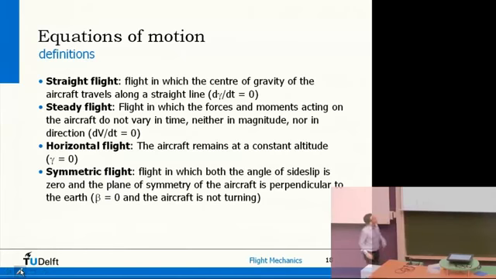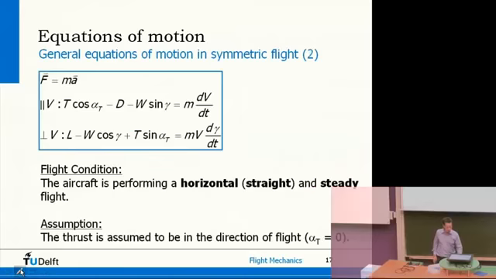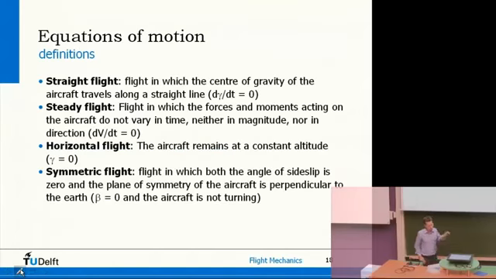If you look at horizontal flight, that of course means you're staying at one altitude. So the flight path angle, if you look at the picture, the angle of the airspeed with the horizon, in horizontal flight is of course equal to 0. So horizontal flight means flight path angle is equal to 0.